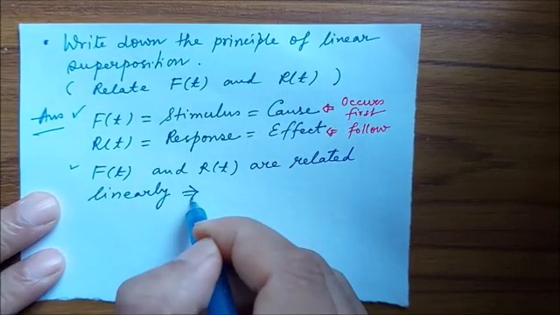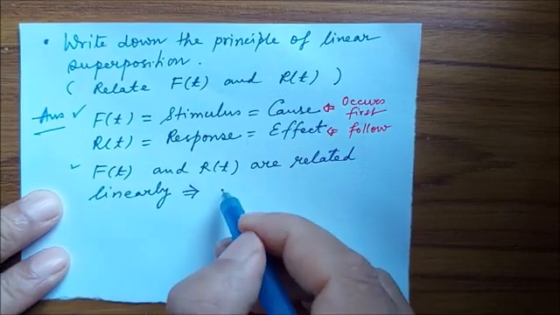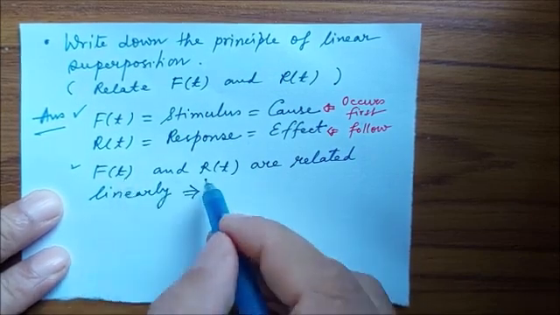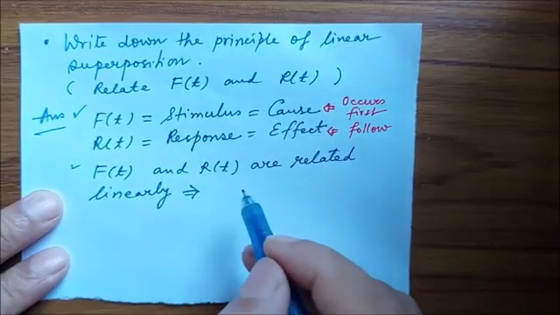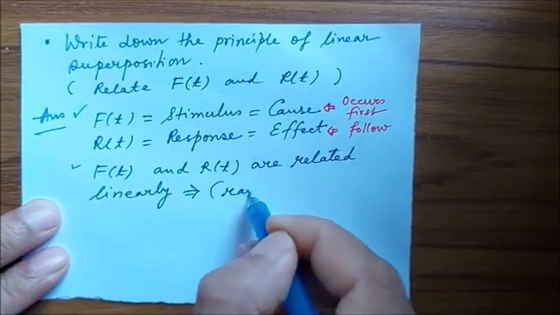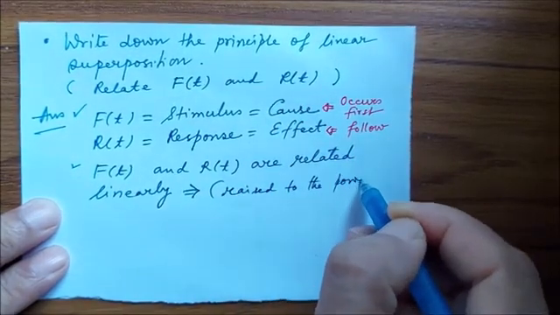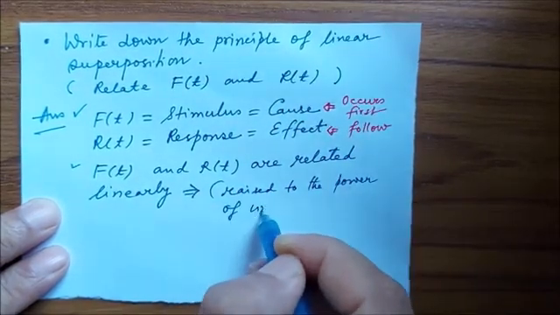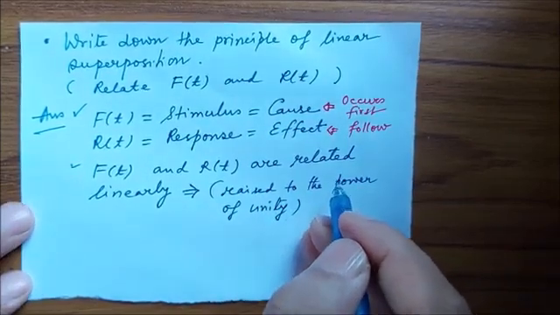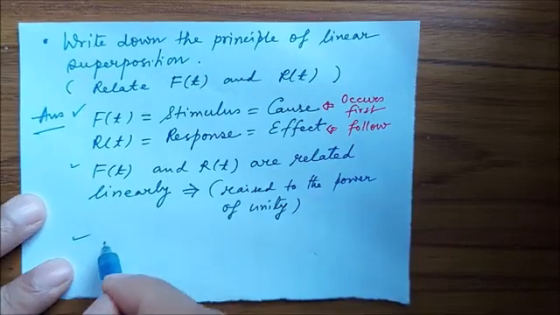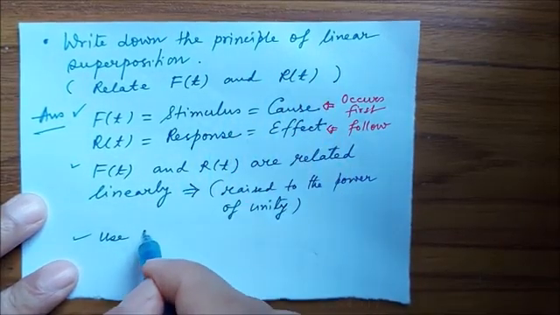This means they would occur raised to the power 1. So they would occur as f and r and not as f square or r square or in some power. It is raised to the power of unity. And we have to use the principle of linear superposition.